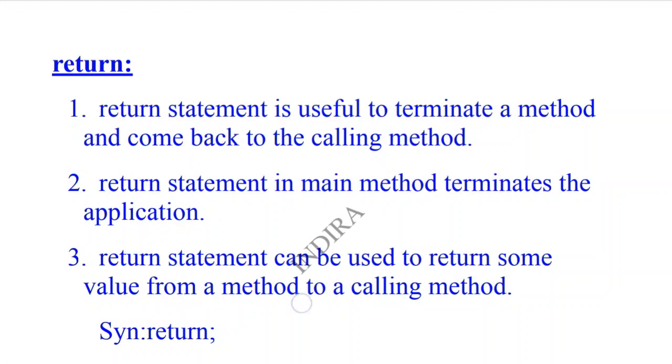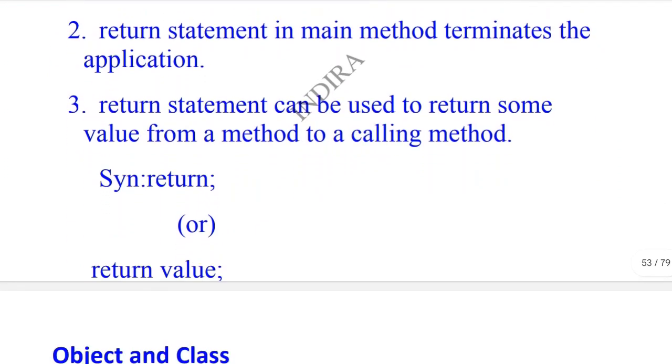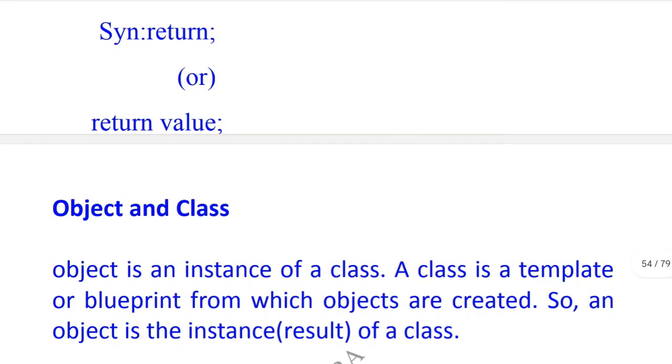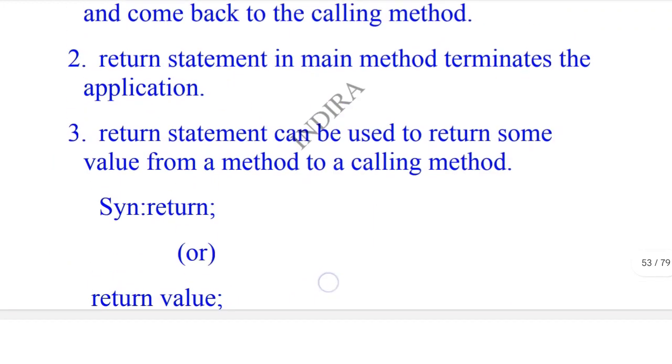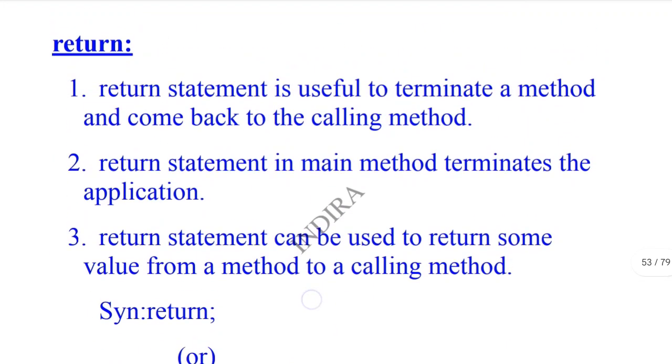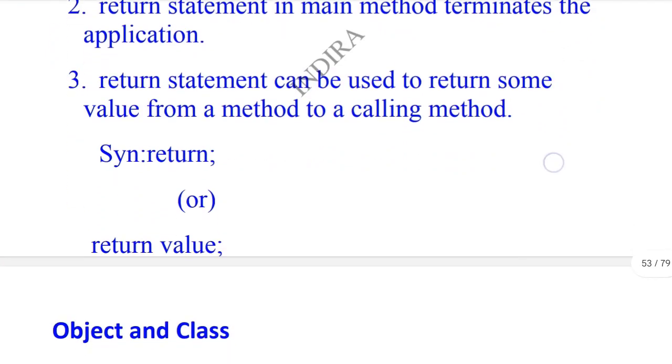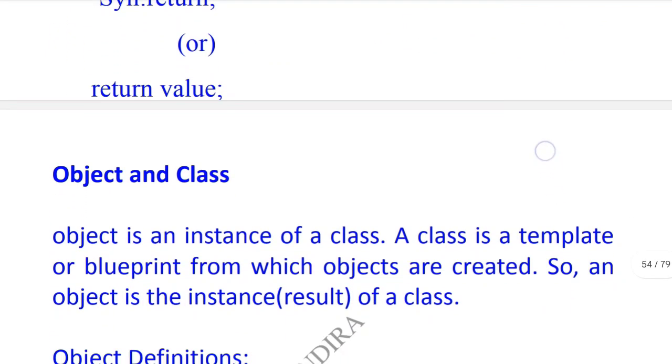So this is the syntax for return, that means return value, object and class. By adding the return statement, we are completing our control statements according to the syllabus. On the university syllabus, in control statements, we completed decision making, looping, and branching. So now object and class.